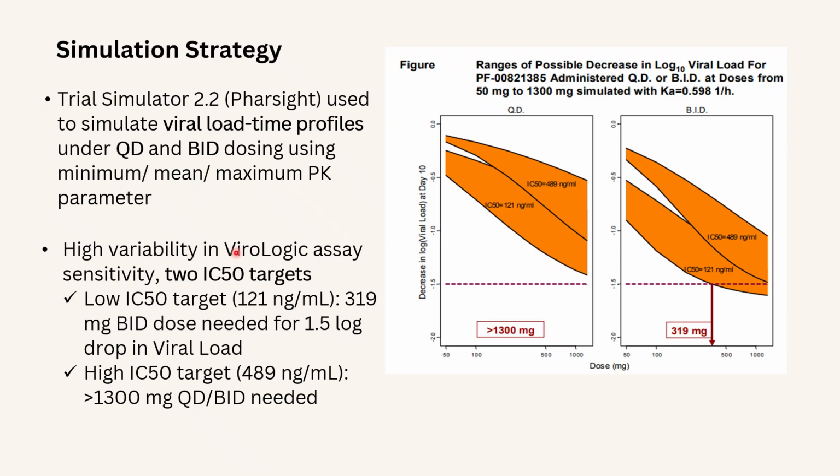Due to high variability in virologic assay sensitivity, two IC50 targets were used, a low IC50 target of 121 and a high IC50 target of 489 nanogram per mL, representing the median and upper limit of sensitivity of the IC90 value for compound PF 00821-385.